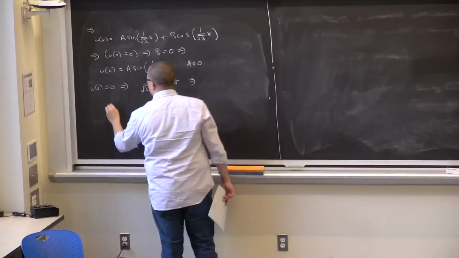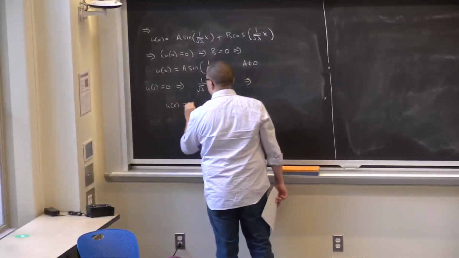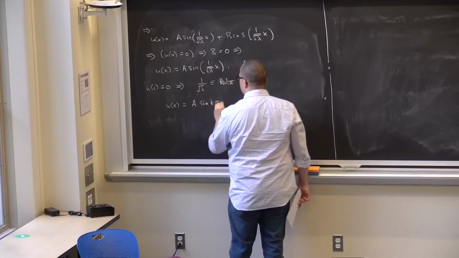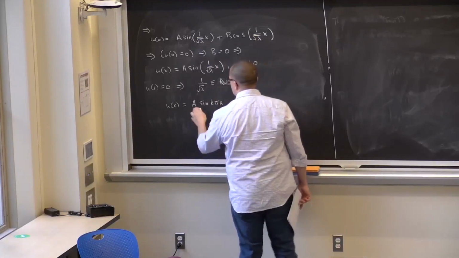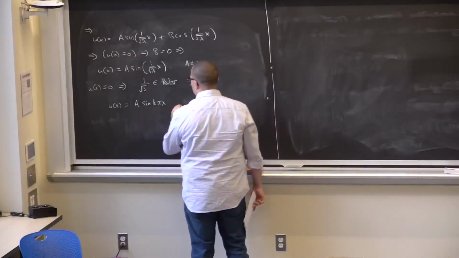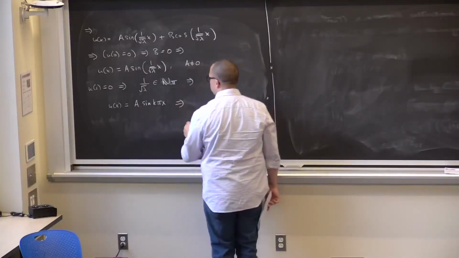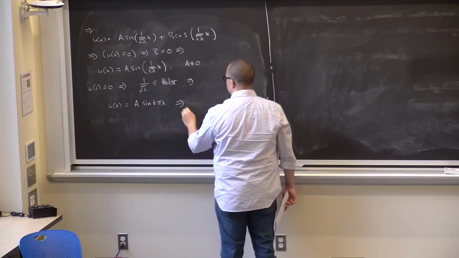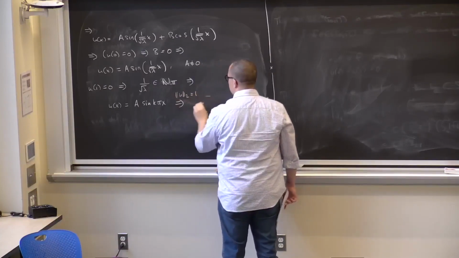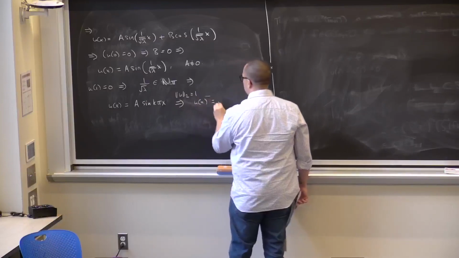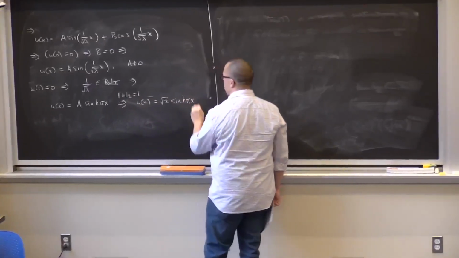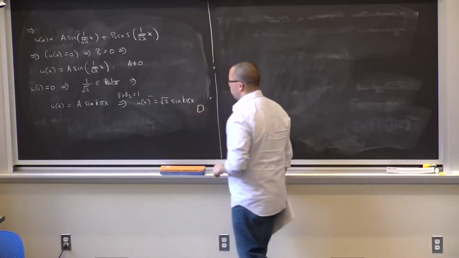And therefore u of x is equal to a times sine of k pi x for some k, and the fact that we get square root of 2 comes from the normalization condition. This implies that u of x equals square root of 2 sine k pi x for some k, a natural number.